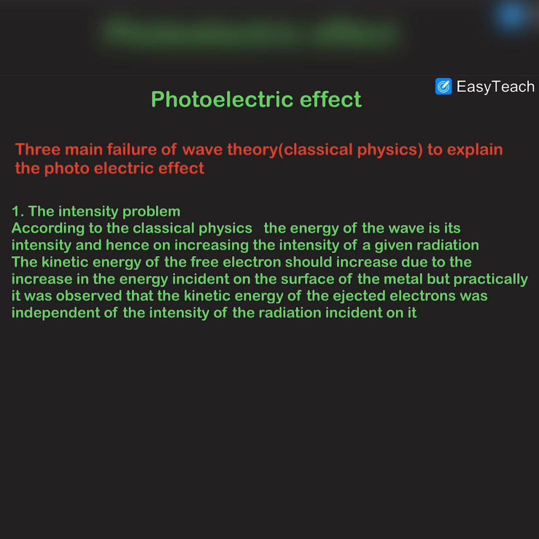Hence, on increasing the intensity of a given radiation, the kinetic energy of the free electrons should increase due to the increase in energy of the radiation incident on the surface. But practically, it was observed that the kinetic energy of the ejected electrons was independent of the intensity of the given radiation.